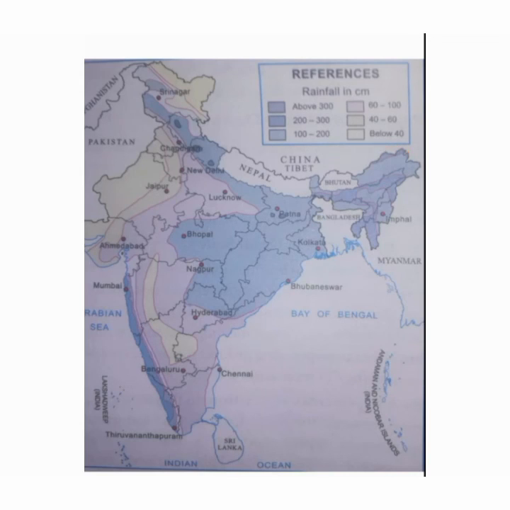So whenever we show something on a map, we make a reference box or an index box to help viewers find a specific spot on the map.